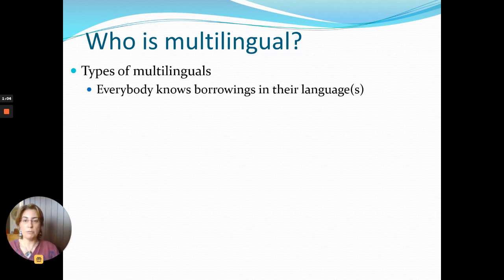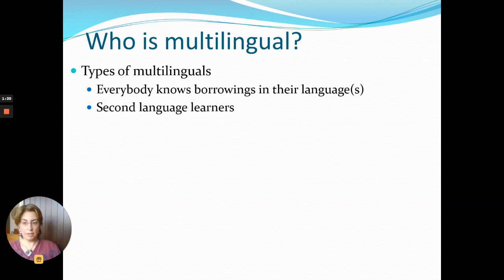Sushi, we all know, comes from Japanese, even though when we speak English, we don't think twice about using it as if it were a normal word of the English language. So everybody, to a certain extent, is that kind of multilingual, in which they know at least a few words that originally can be put in another language. So that's the first type.